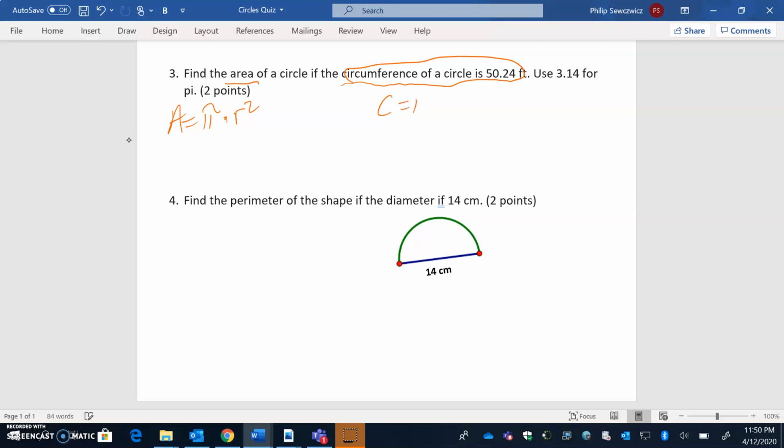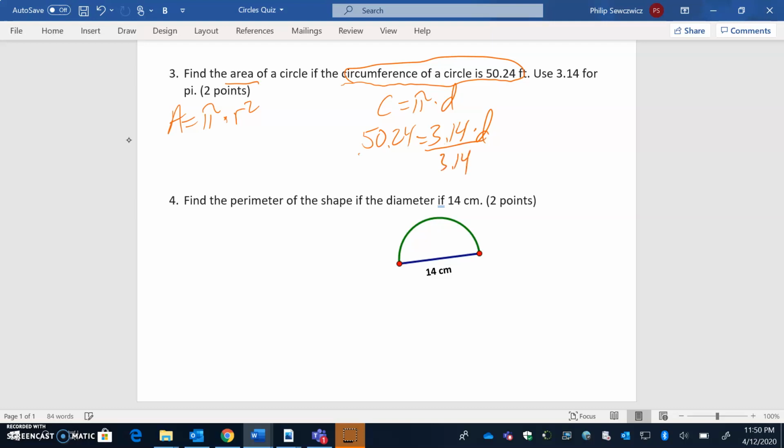So I know circumference is pi times diameter, and they told me the circumference is 50 and 24 hundredths. See, we're just plugging in what they give us. They told me to use 3.14 for pi, and look at this equation. When I solve it, we're going to get the diameter.